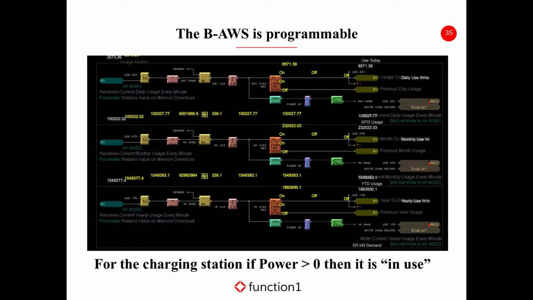So at this point, we have this great product that's very competitive in the marketplace, and it's very accessible in terms of being able to customize it. This is a screen of the graphical programming language that we use inside of the building automation system.